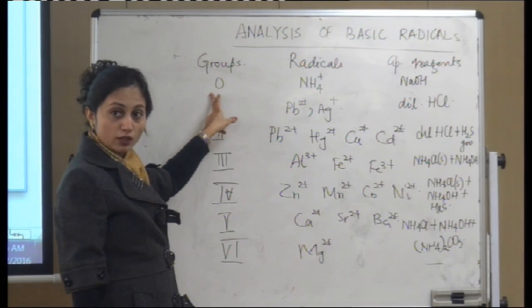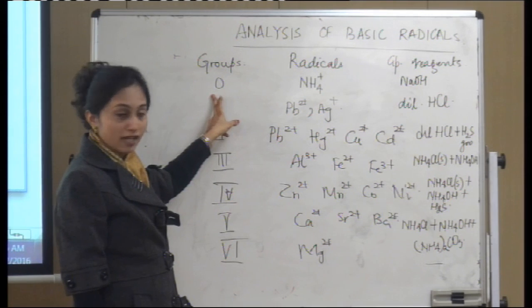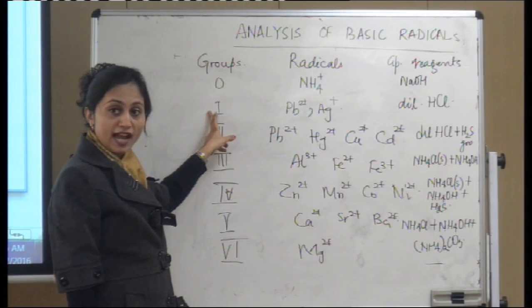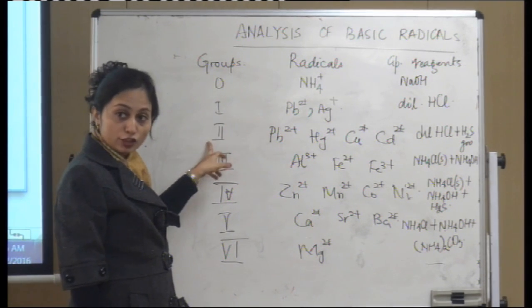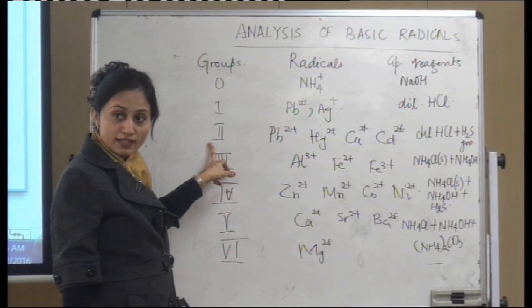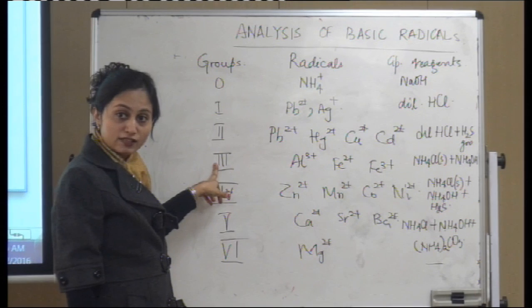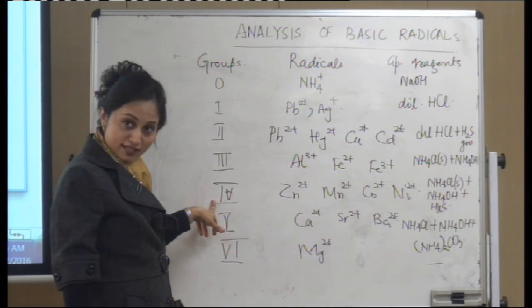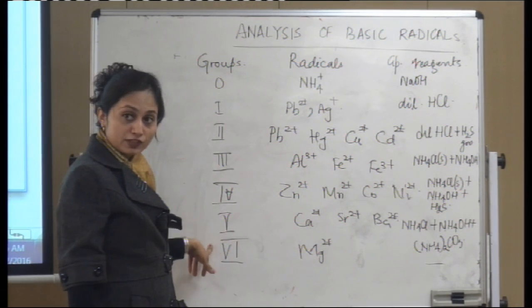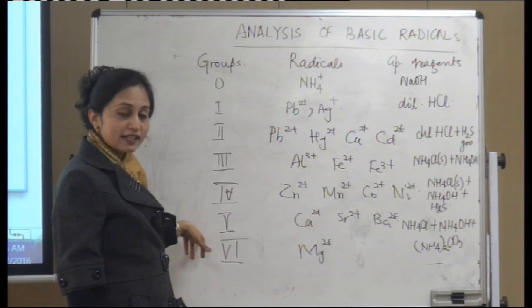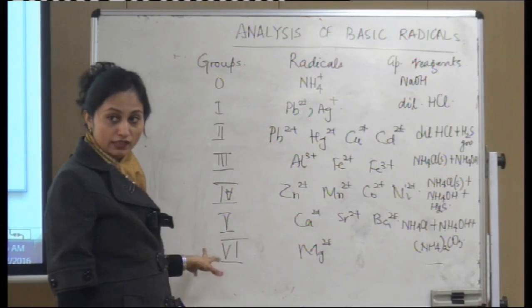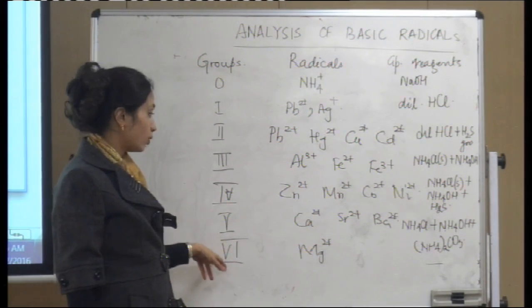Smell of ammonia will be indicatory for your ammonium ions. Then for the next case, we add dilute HCl. Second group, we add dilute HCl plus H2S. Next case, we add NH4Cl and NH4OH, then pass H2S to this. Fifth, add ammonium carbonate to the group 3 reagents, and you will see whether or not you get a precipitate.